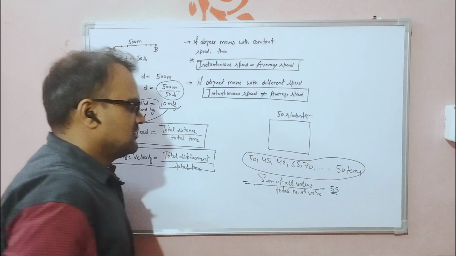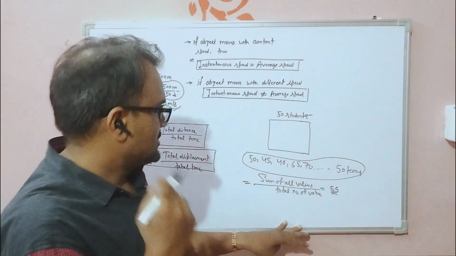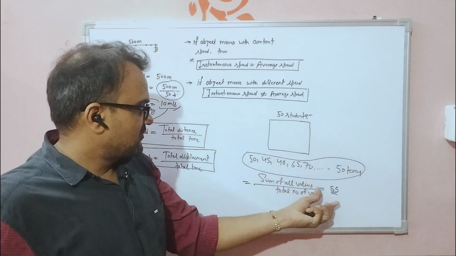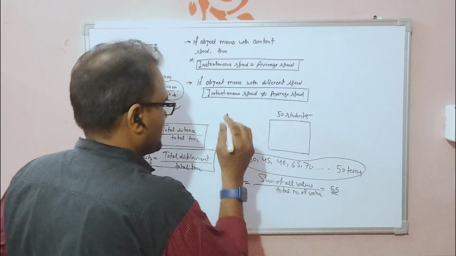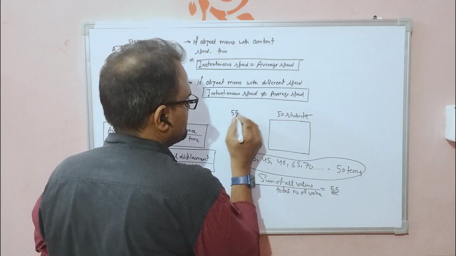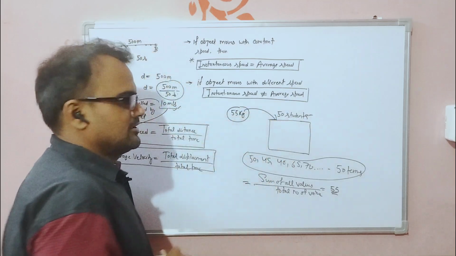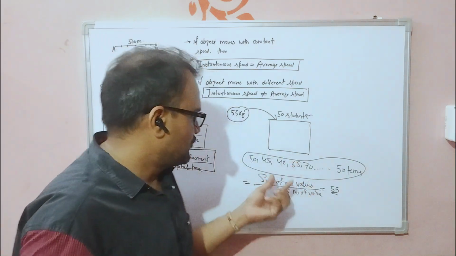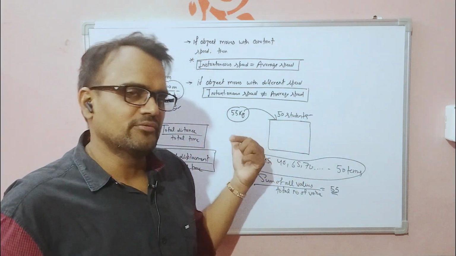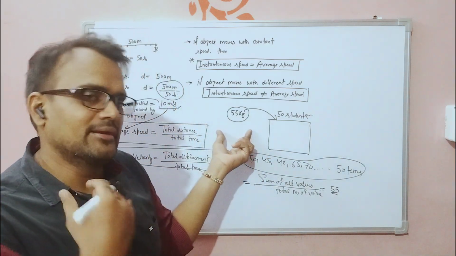So what does it mean? 55 is the average, right? So here if you notice, what does it mean? This 55 kg represents the whole class, right? And that is true, the weight of each and every student is not going to be 55 kg, but that single quantity represents the entire class.